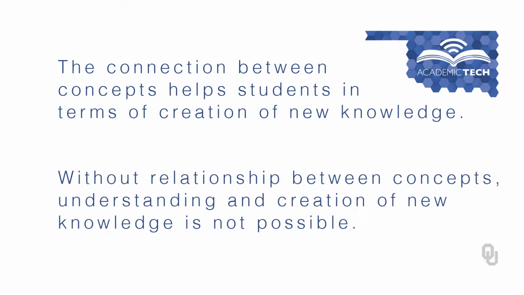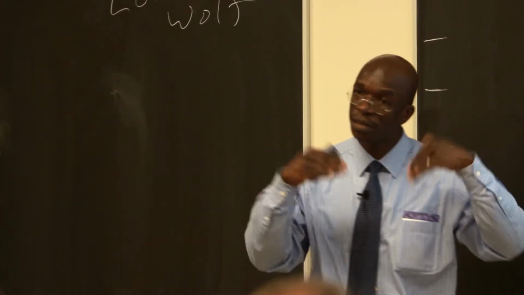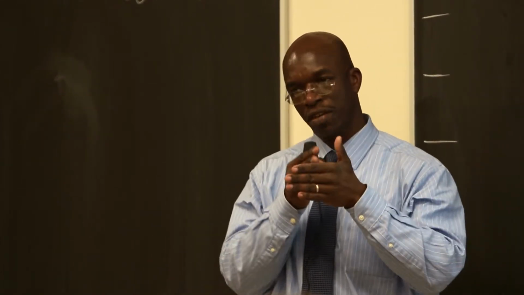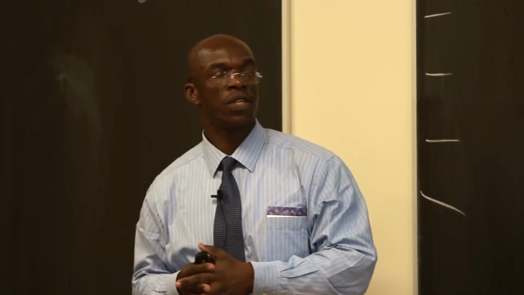Without relationship between concepts, understanding and creation of new knowledge is actually not possible. Okay? It's all about words and connected to words that have ideas behind them, and then creation of thinking and creation of understanding and reasoning then leads to creation of new knowledge.